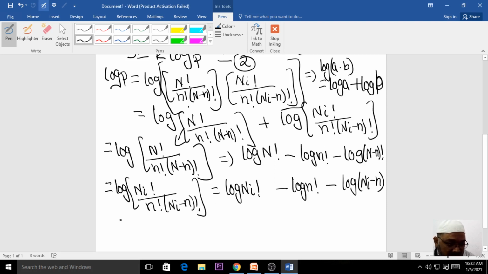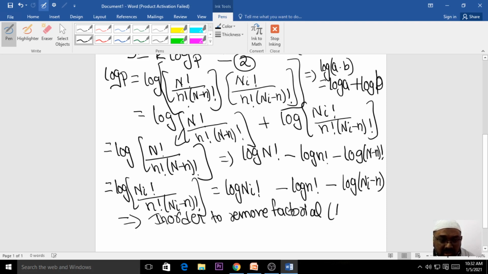Now what is our aim? The next aim is to remove this factorial. What will we do? We use the Stirling approximation.